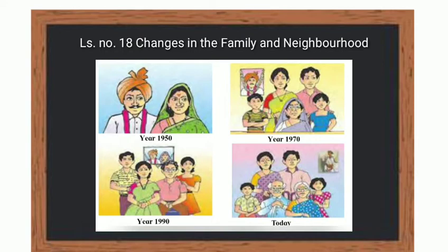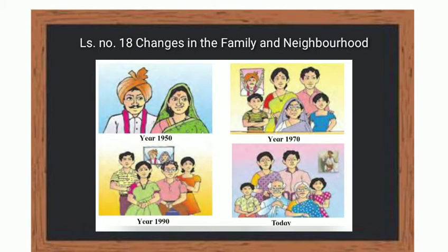Also, some members take up jobs or occupations in other places. Moving from one place to another in order to live there is called migration. Thus, due to migration, marriages, births, and deaths, the number of people in a family goes on changing.